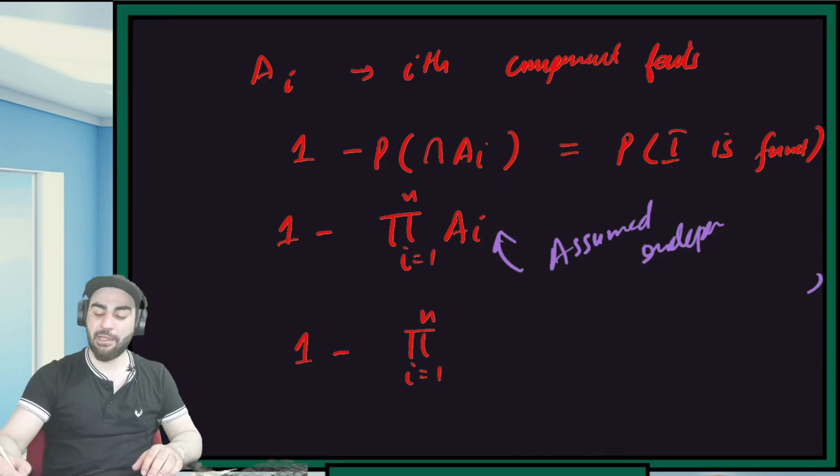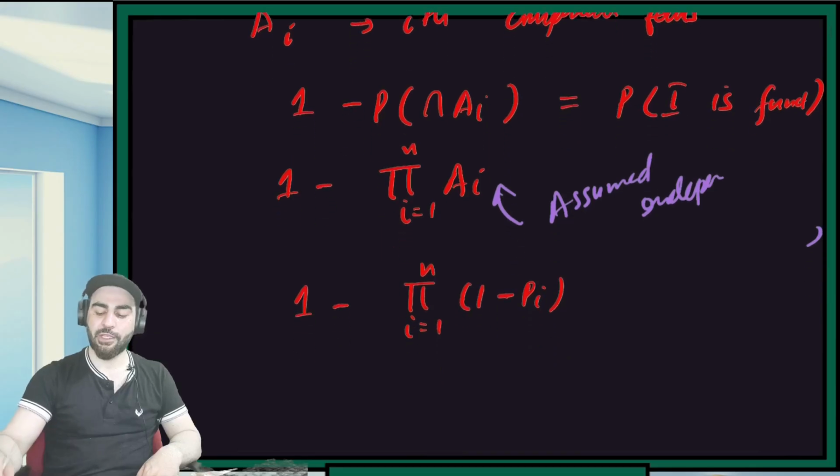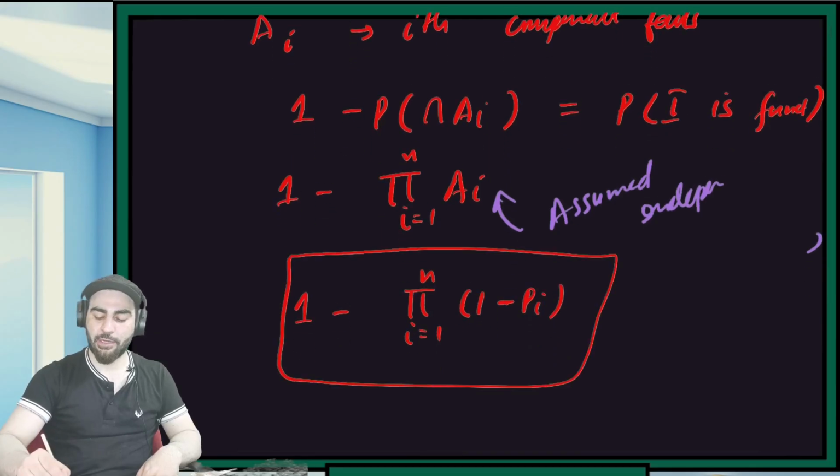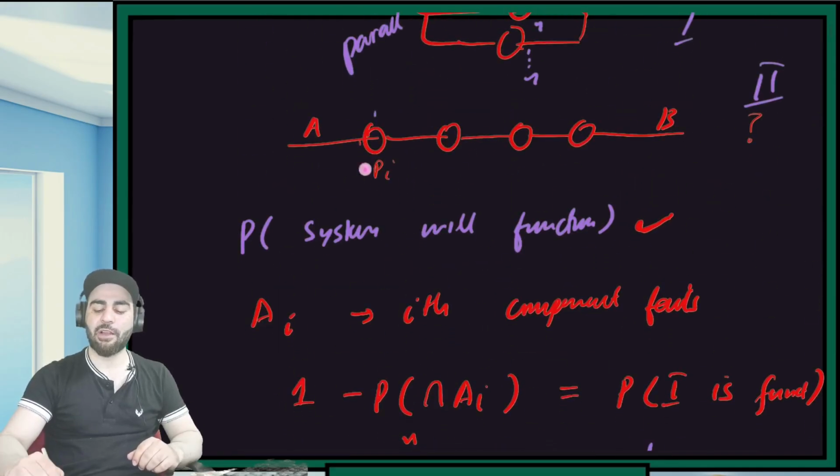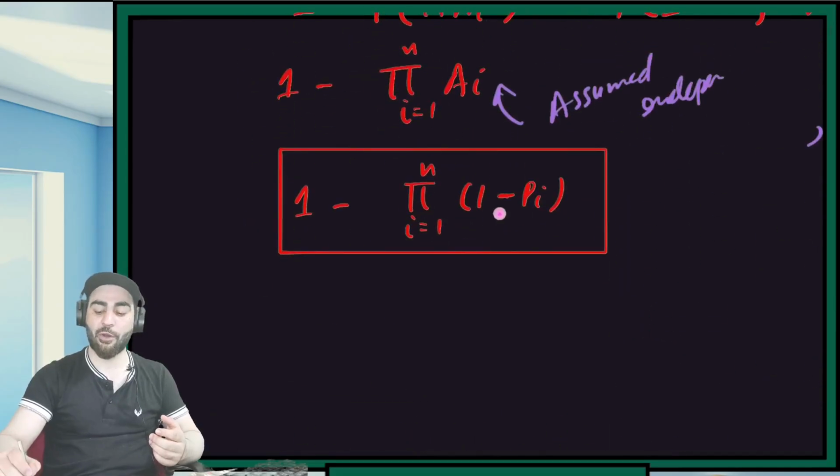AI is the event that the component will not work. The component will work with probability pi, so the probability of not working will be 1 minus pi. This is the probability that the first system will work, and accordingly, you compute the probability that the second system will work.